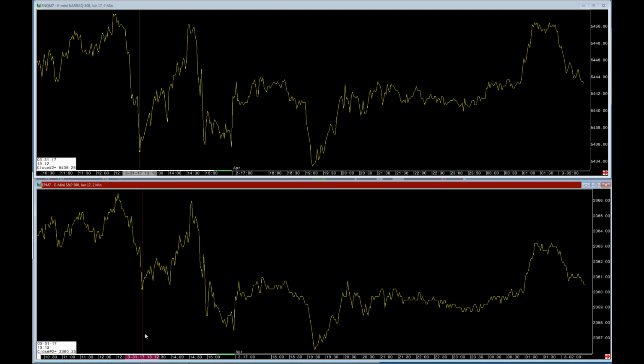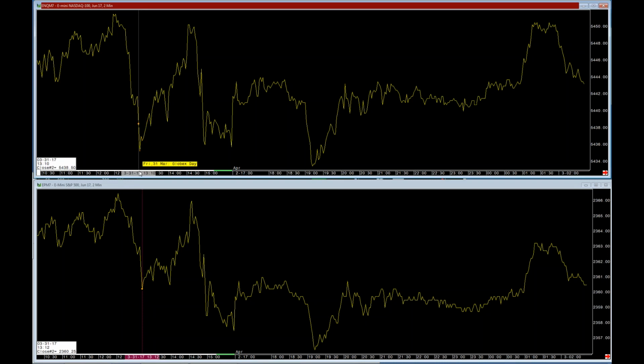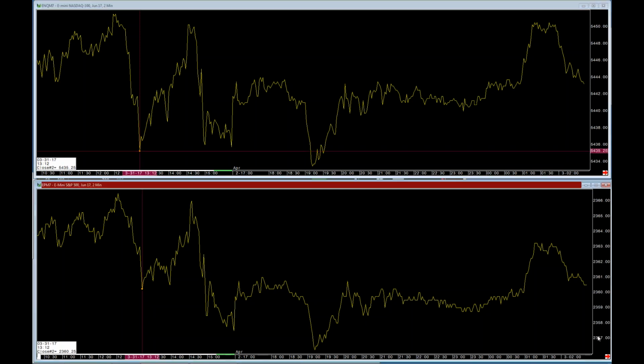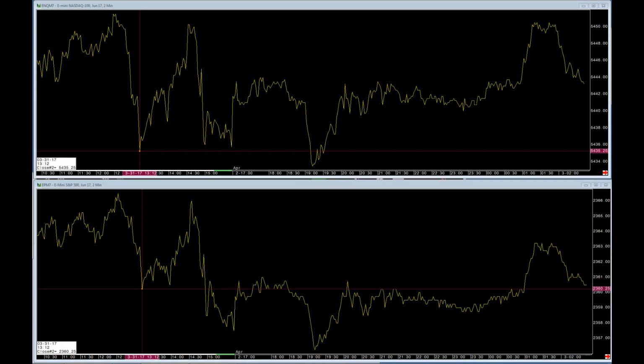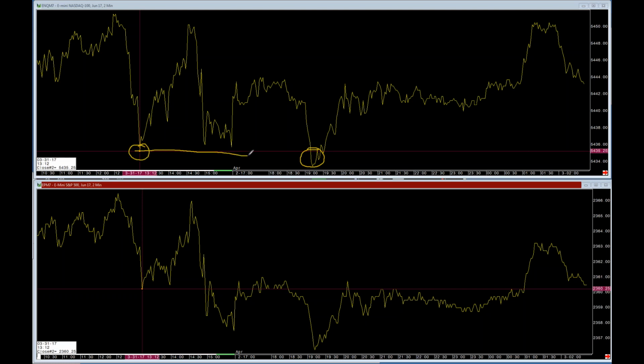You guys that like macro plays, you should be looking at this day over day on longer time frames. Look at this. See a difference? Not just here, but this market never gets below that intersection.